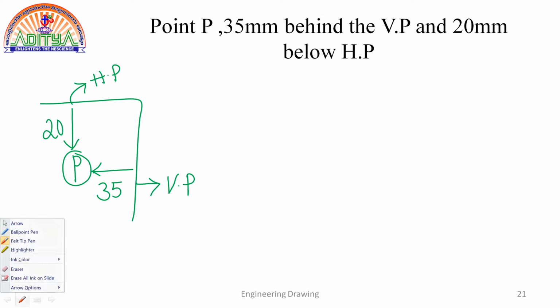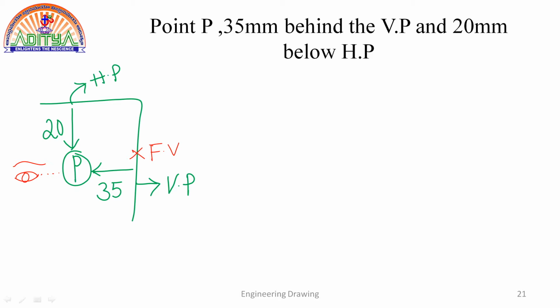Now, assume that you are seeing this point from the front view, then where is the front view of the point projected? The front view is projected on the vertical plane, isn't it? So, when you are seeing this point P from the front view, the front view of the point P is projected on the vertical plane.